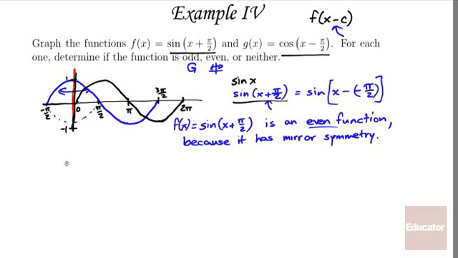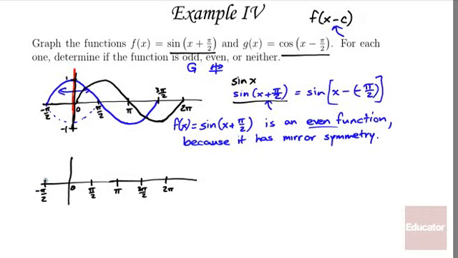Cosine of x minus pi over 2. Again, I'm going to start with the basic cosine function that we learned how to graph in a previous example. Set up my marks here. There's pi, there's 2 pi, pi over 2, 3 pi over 2, 0, negative pi over 2.